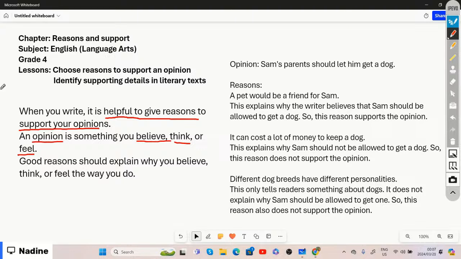All right. So once again, when we write, it is helpful to give reasons to support your opinion. Because remember, you're also stating why you believe or think or feel that something is true. You're telling us why you believe this thing, think this thing, or feel this thing. You need to also give us reasons as to why you believe something is true, why you think about this thing, and why you feel this way.